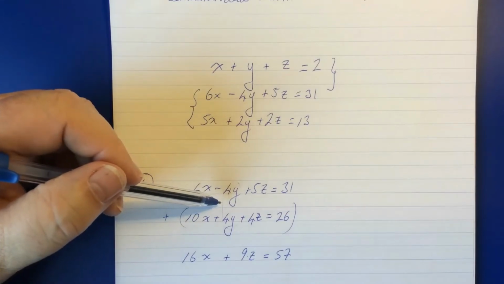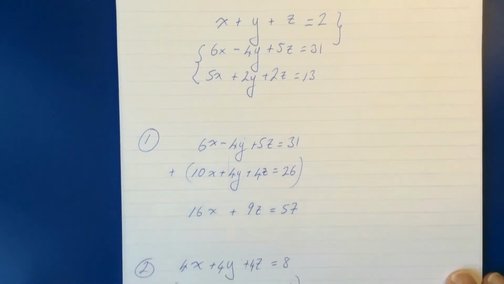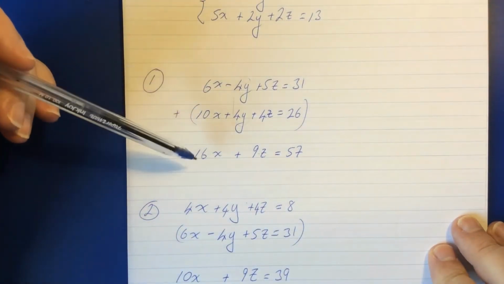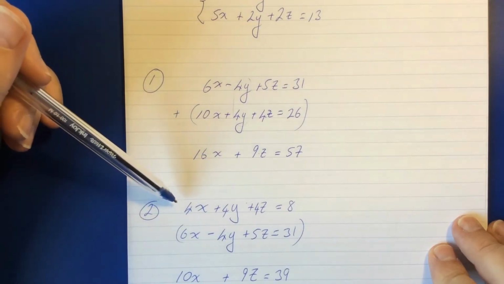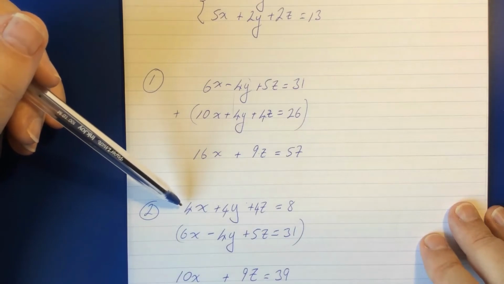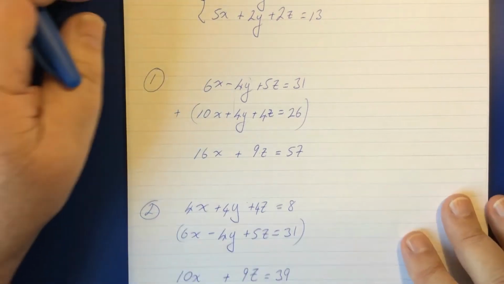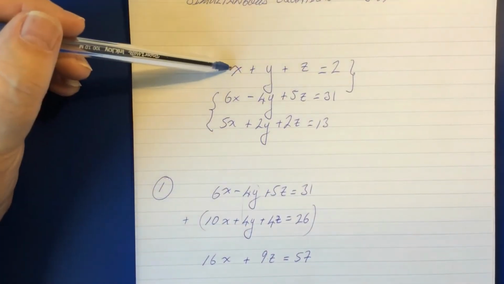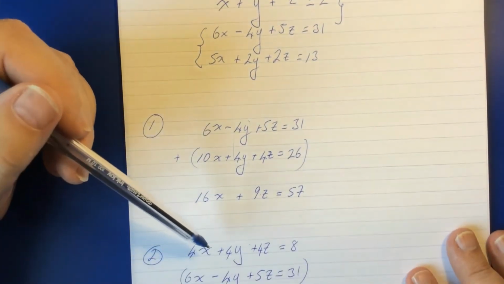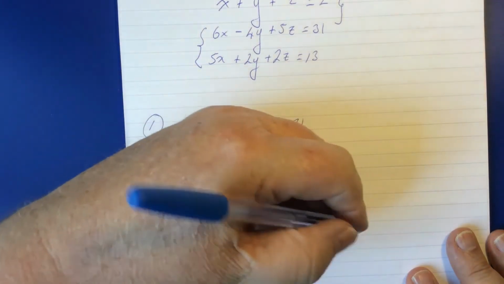Now, what do I do next? Well, pretty much the same thing, but with different equations. What I did was I multiplied the first equation by 4, and I got 4x plus 4y plus 4z equals 8. So I'll just write that here.